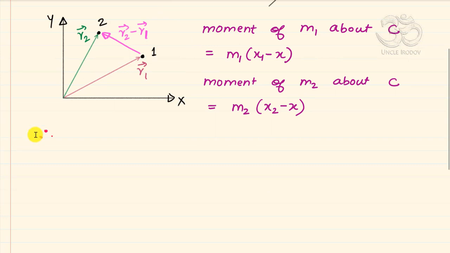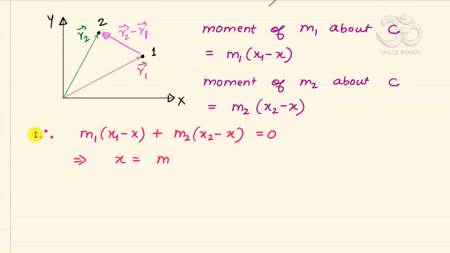So according to the definition that we have all agreed upon for the center of mass, m1 times (x1 minus x) plus m2 times (x2 minus x) should give you 0, and that will show you that x turns out to be (m1 x1 plus m2 x2) divided by (m1 plus m2).